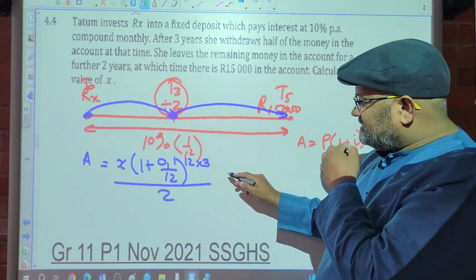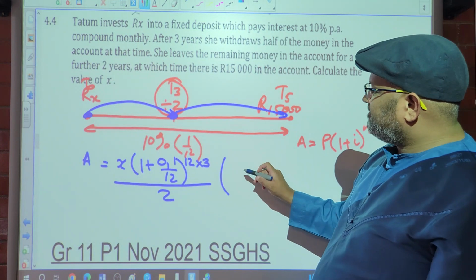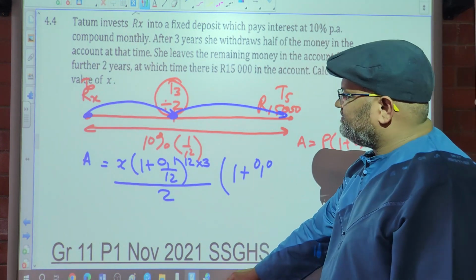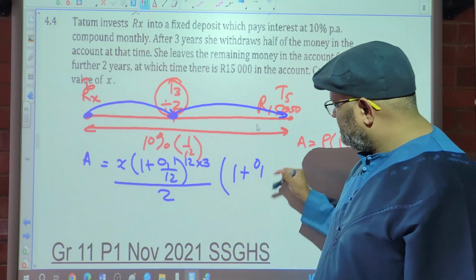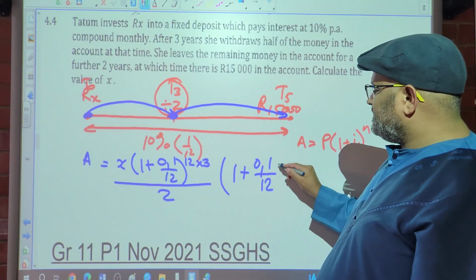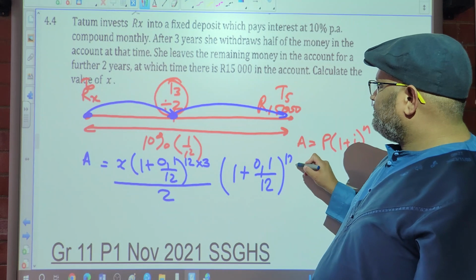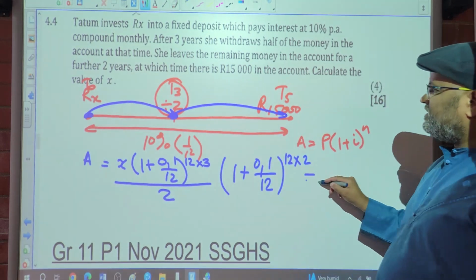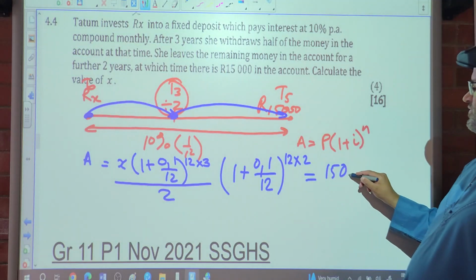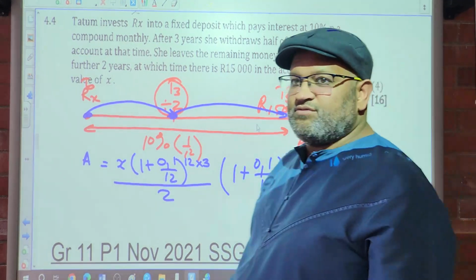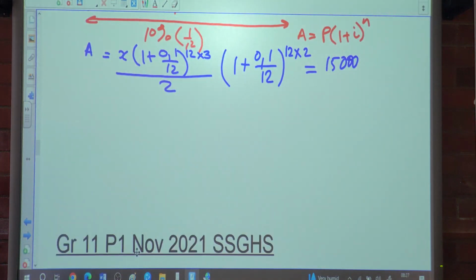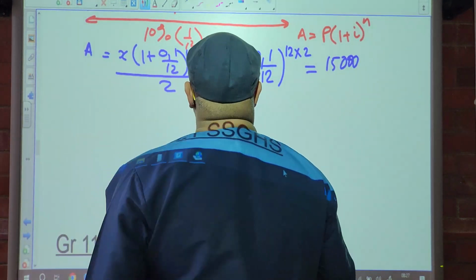Which now gives us times 1 plus 0.1 over 12 to the exponent 12 times 2 years. And that gives us an answer of 15,000. That's the amount that's in the account at the end of the 5-year period. So let's go.